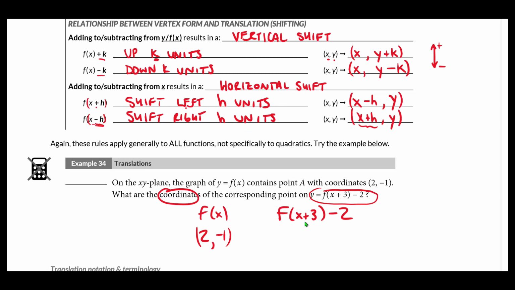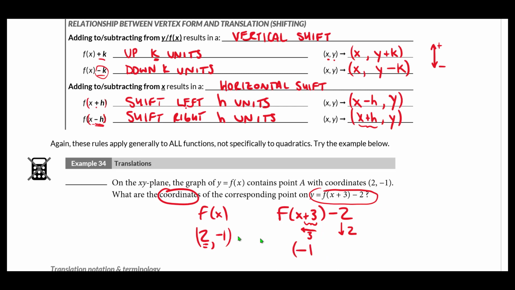Remember what we said. If we are adding a number to x in parentheses, then we are actually shifting left. So this is going to shift left 3 units, and minus 2, so we are subtracting a 2 from our f of x. Well, that means we're going to go down 2. So if we are at an x value of 2, and we shift left 3 units, we end up at -1.